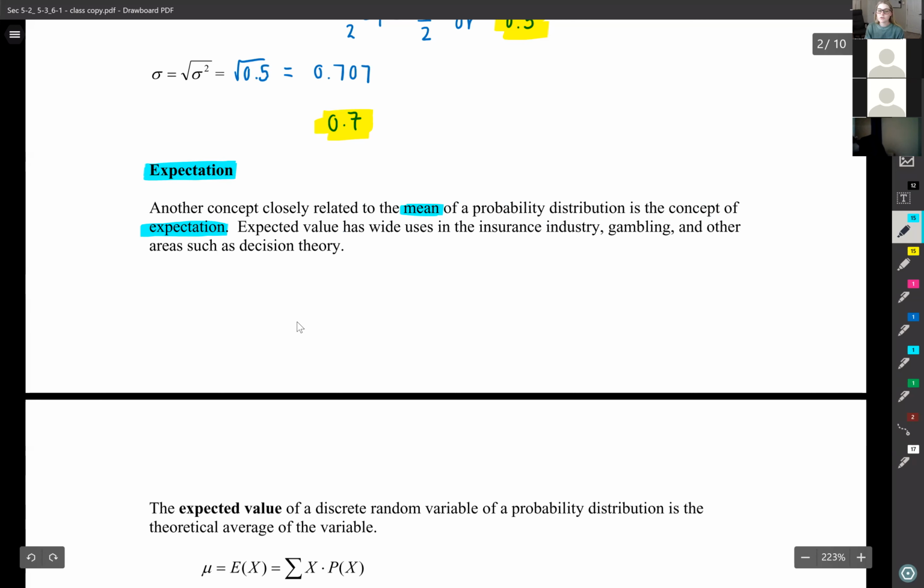So this is also referred to as expected value. Expected value has wide uses in the insurance industry, gambling, and other areas such as decision theory. So this is a pretty useful concept. So we'll talk a little bit about what it is, and then we'll do some examples that have to do with kind of like raffles and like gambling and stuff.